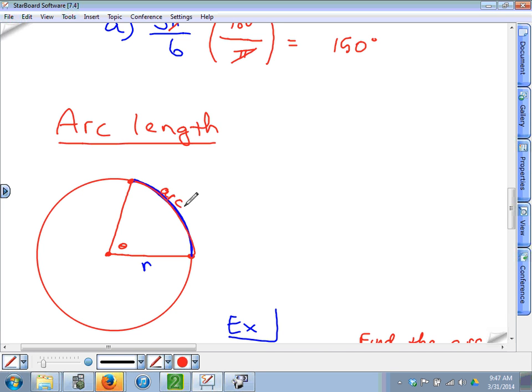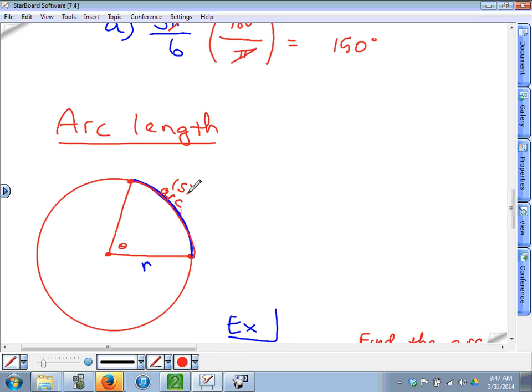Now, for some reason, I don't know why they chose to use this letter, but the length of an arc, for some reason, they decided to call that S. Arc length, the variable they chose to represent that is S. I don't know. I think there's time for X's and Y's. Probably.